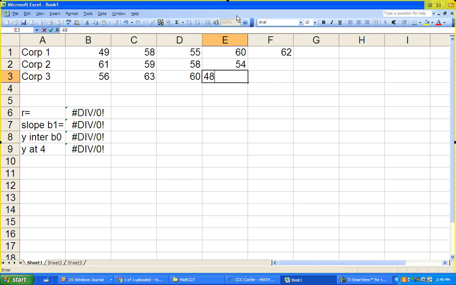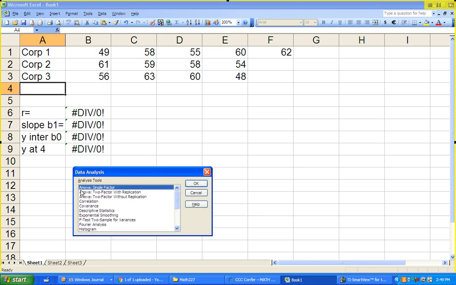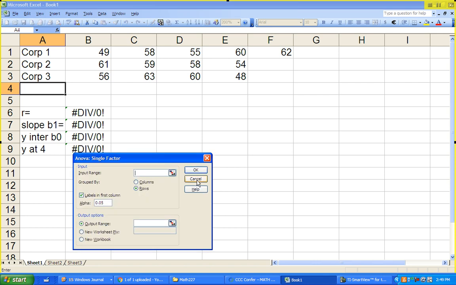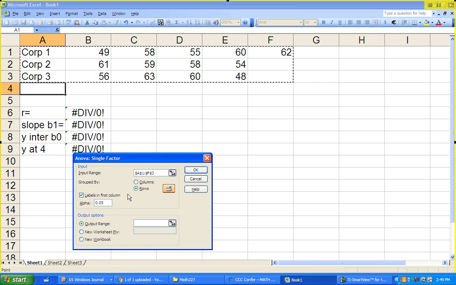Okay. And now I'll go up to Tools, go to Data Analysis, ANOVA Single Factor, Input Range. These are grouped by rows, and labels are in the first column.